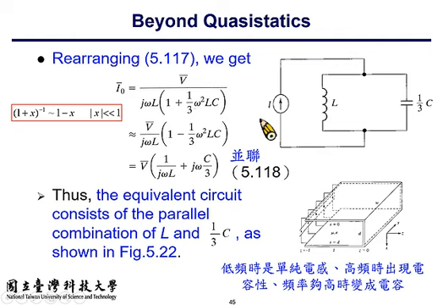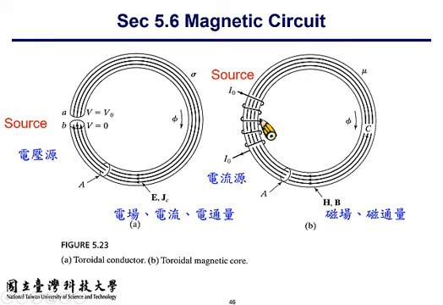So at a low frequency, that is below the quasi-static approximation, the structure is a pure inductor. However, as the frequency goes up, it will eventually show capacitive property due to the presence of higher order terms. All right? So that's one thing you should keep in mind.